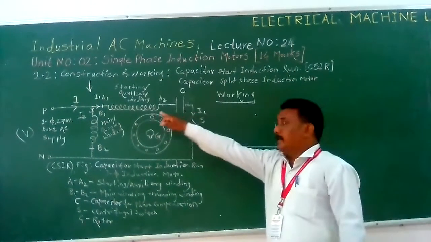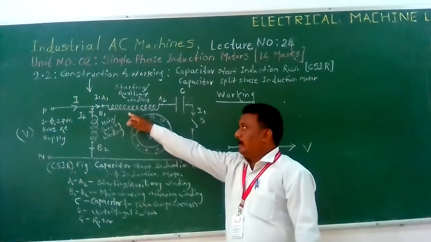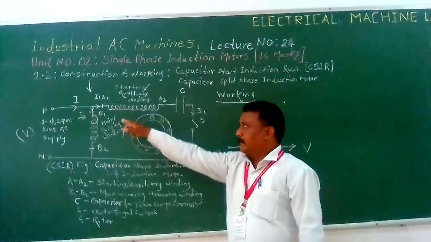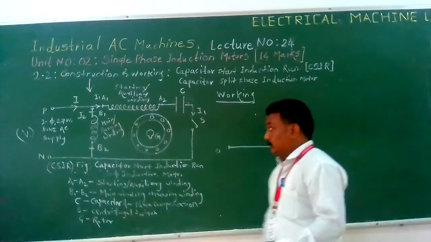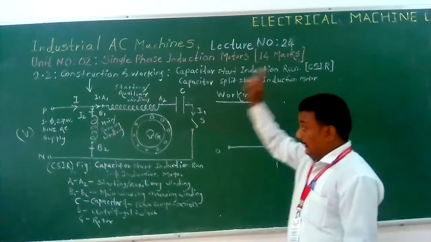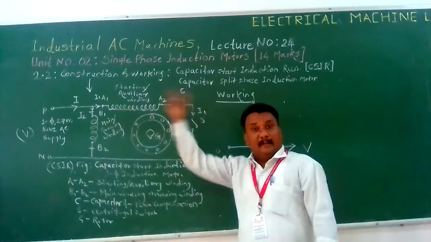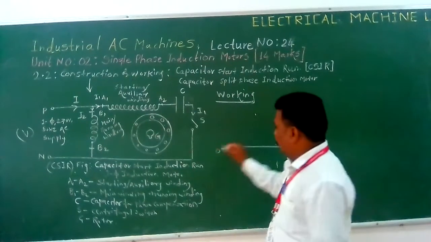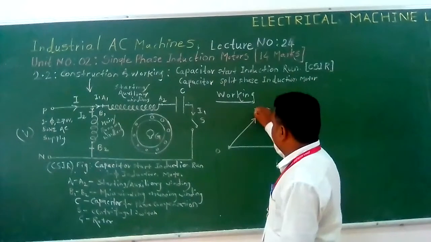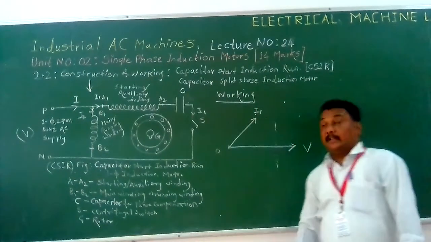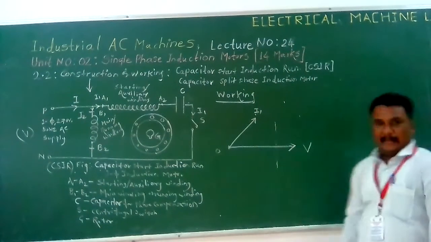But the capacitor is in series with the starting winding or auxiliary winding, and its current is I1. So what happened due to the capacitor? This current I1 is leading, leading to the supply voltage. This is I1. I1 is leading to the supply voltage.